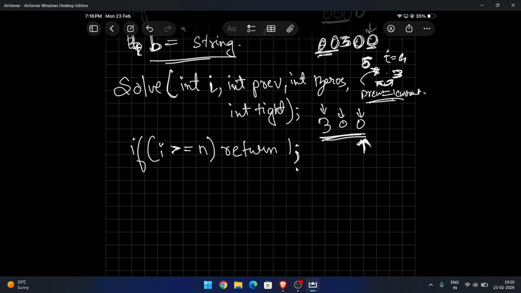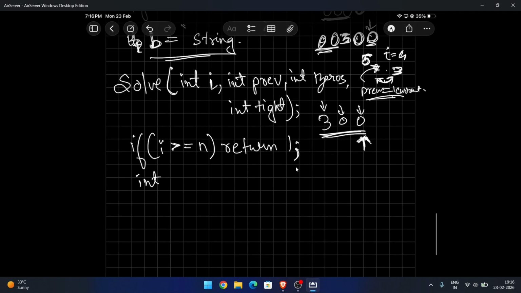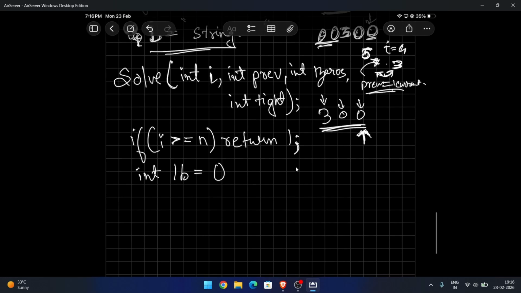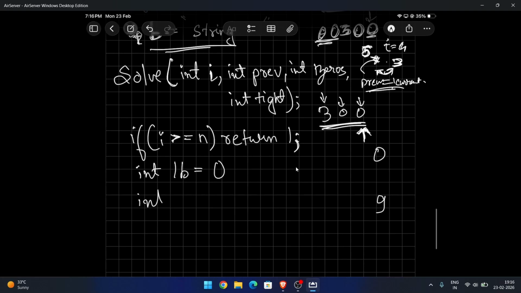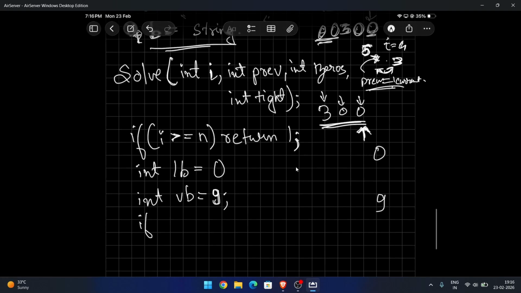Now let's create a lower bound. The lower bound would be 0 because we can go from 0 to 9. By default, the upper bound would also be 9 because we can go till 9. Now, when will this upper bound be changed? It would be changed if tight is 1.